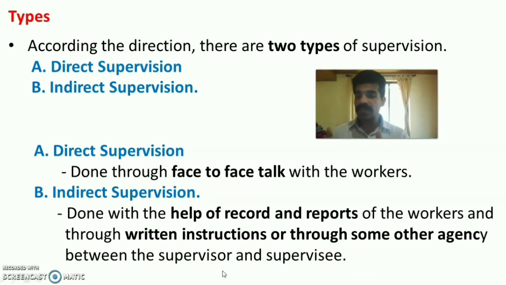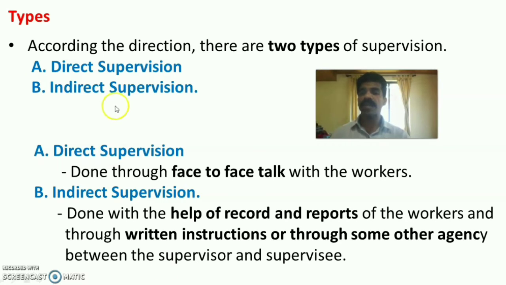In some institutions, supervision is done by an external agency, a third party. This is about indirect supervision.